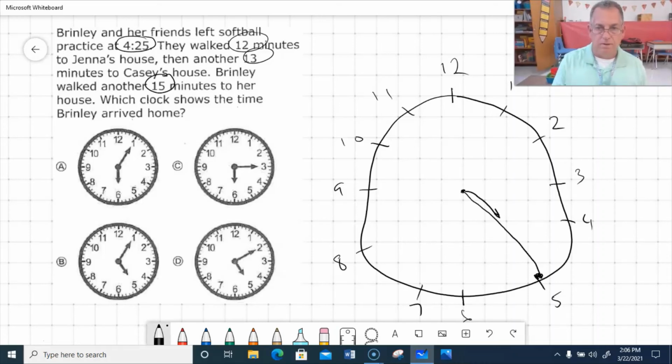So I'll do a jump here. That's 5, 10, and I can't do another jump because that put me at 15. So I'm going to put some marks in here in between. So I got 1, 2, 3, 4, and the 8 would put me at 5. So I'm going to do another 2 jumps to give me my 12 minutes. 1, 2.